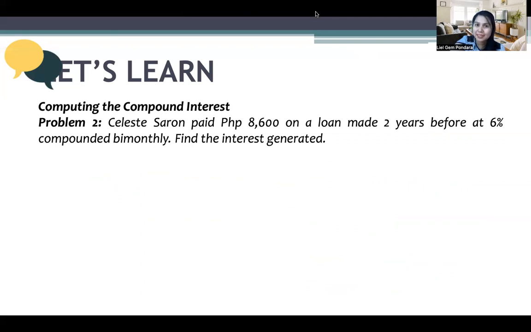Find the interest generated. Let me start labeling. Paid 8,600, so this is our future value. Our time is 2 years. Our nominal rate is 6%. Our M is bi-monthly, so 6.